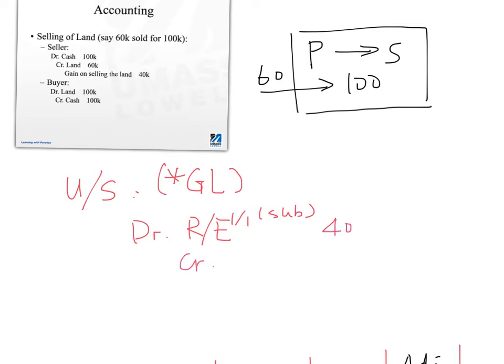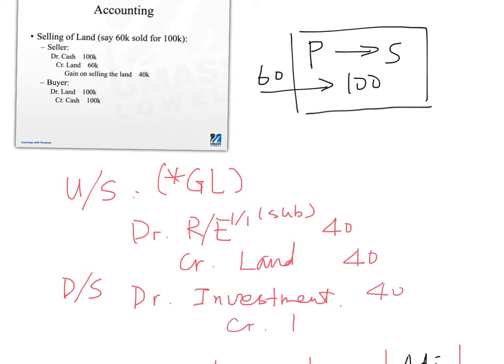We want to credit the land to adjust the land to the 60, which is the original cost. If it's downstream, the credit side is still the land, but you want to debit the investment account, 40, and still credit the land, 40. So this is the intra-entity sales of land when there's upstream or downstream sales.